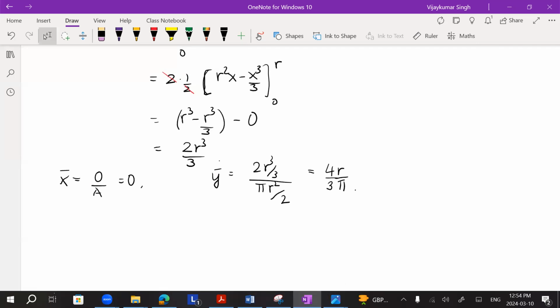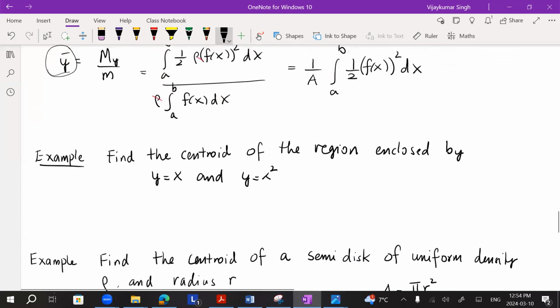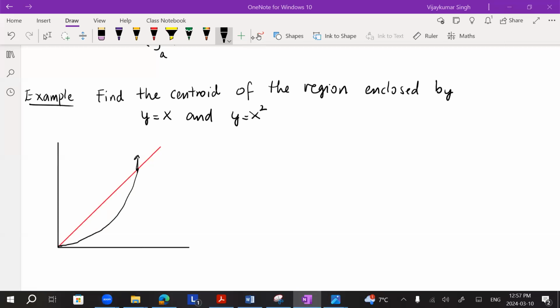All right, so now let's look at another exercise, the exercise we had earlier, which was: find the centroid of the region enclosed by y equals x and y equals x squared. So the red one is y equals f of x equals x.